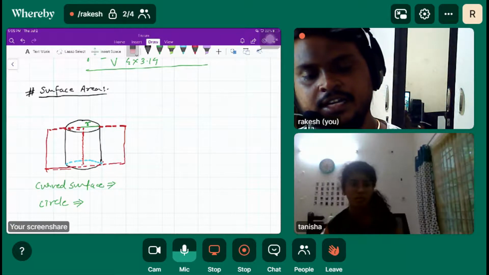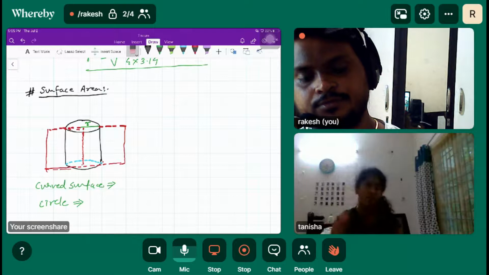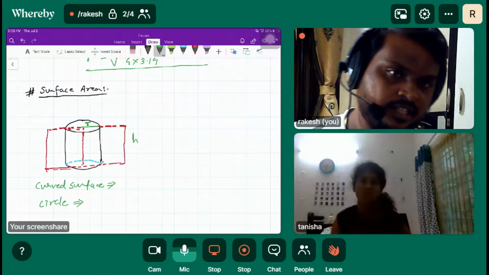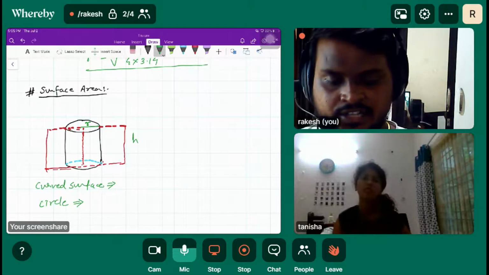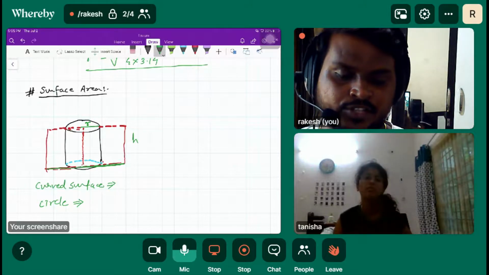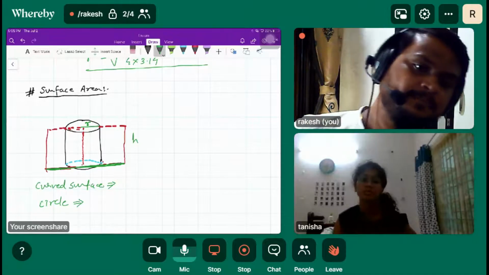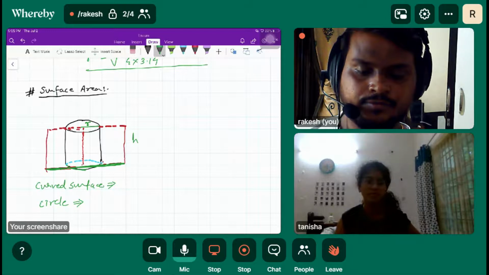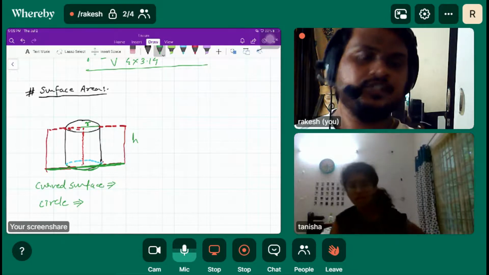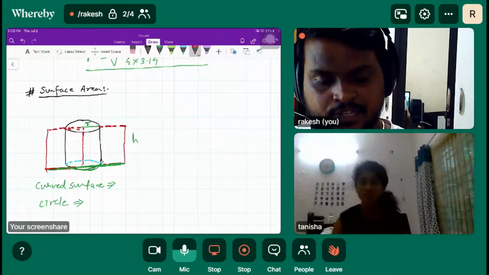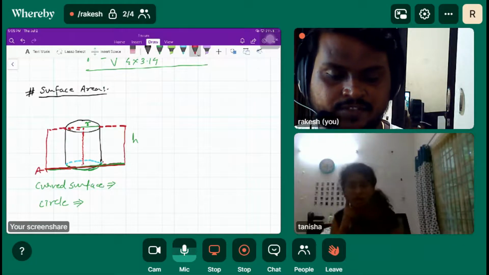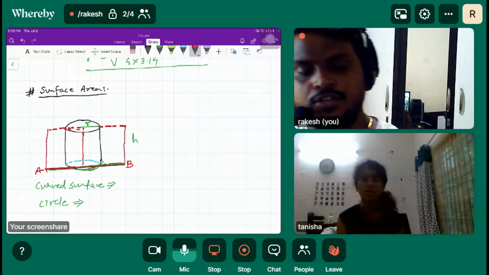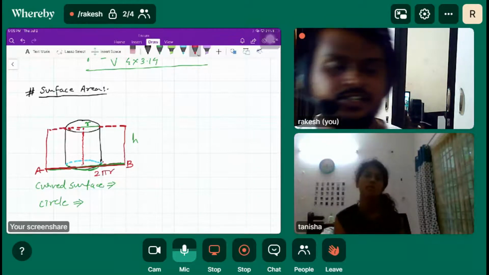And if the radius of the top and base circle is r, what is the length of this line, AB? The circumference of the circle. So that is basically 2 pi r, isn't it?